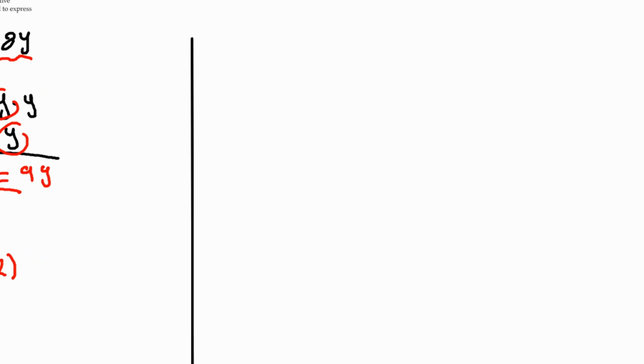Another example: negative 4a to the power of 2b minus 8ab to the power of 2 plus 2ab. Let's do it the easy way.